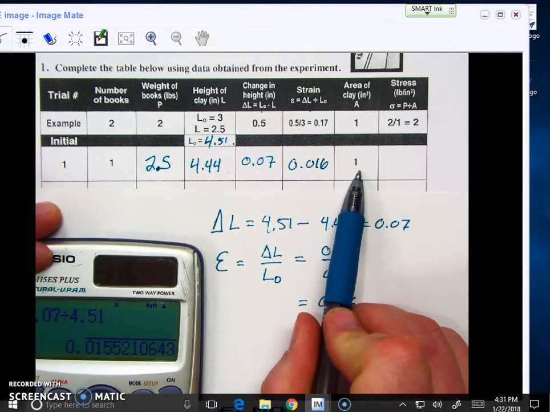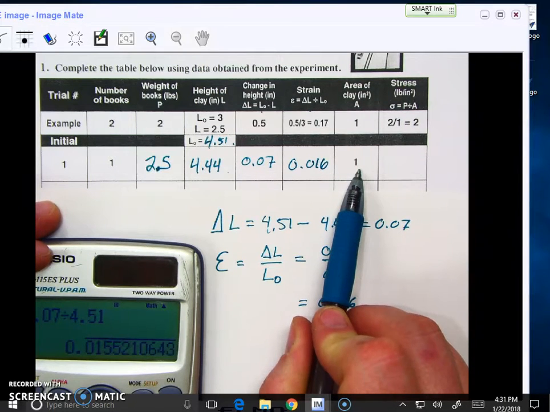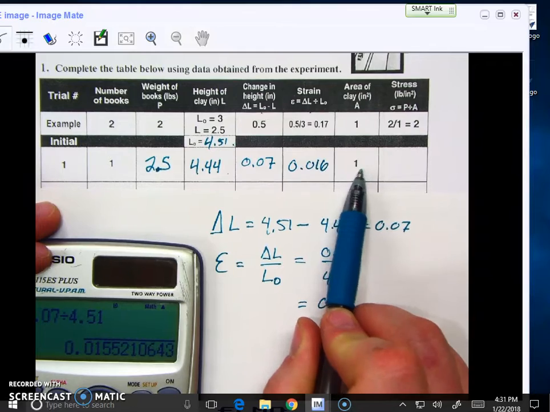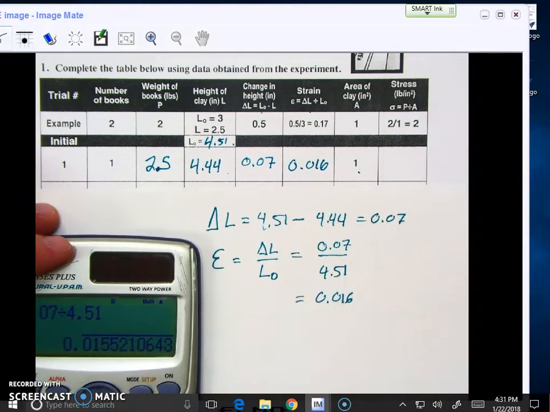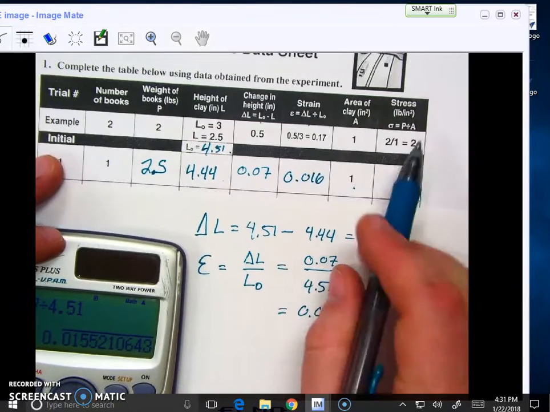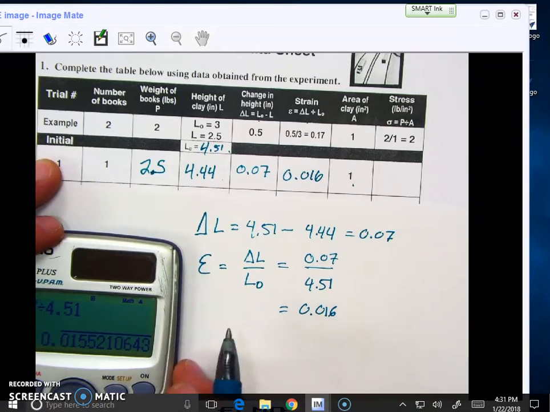Now, I was pretty careful. I made sure that my cross-sectional area of my clay was 1 square inch. If you ended up doing something with a different cross-sectional area, you have to use that area in your calculation for stress, because stress depends on how big the cross-section of our material is.